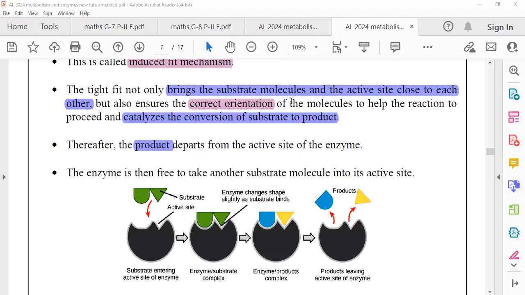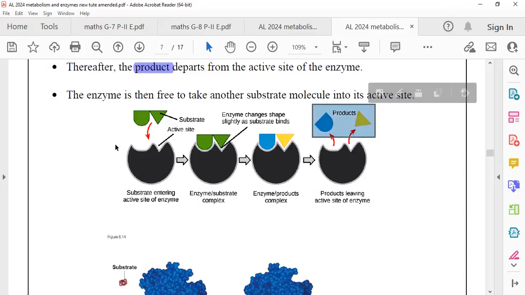Yes, sir. Going on with some new substrates. So when the product is formed from the active site, the product will be detaching. Look at this picture. The product is detaching. The active site is coming back to normal.